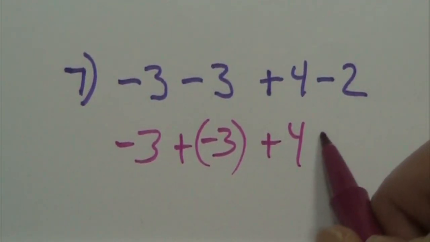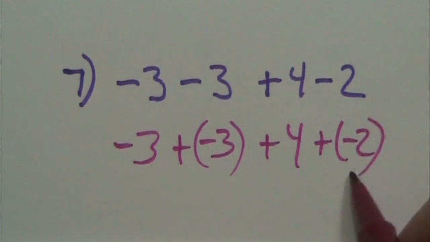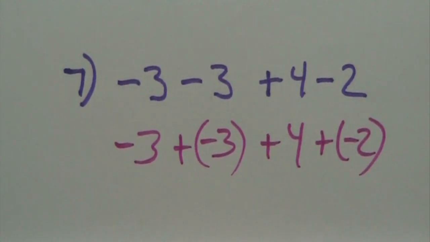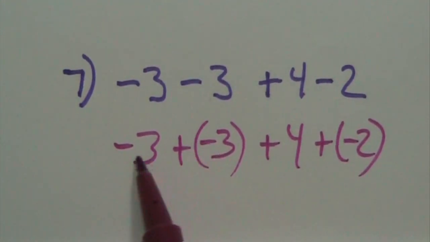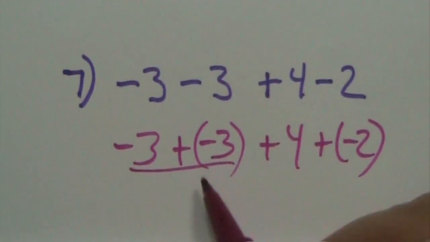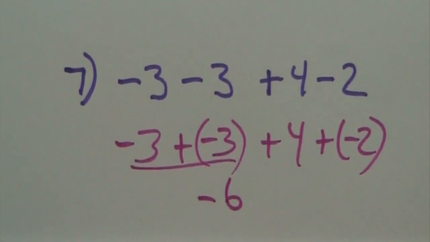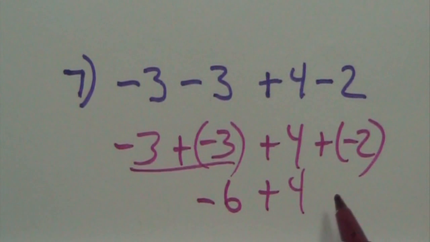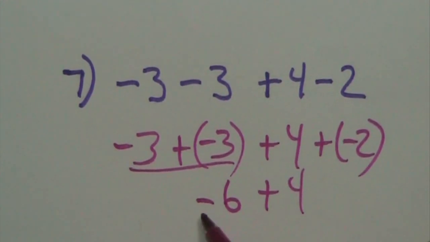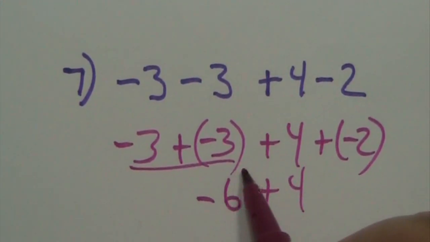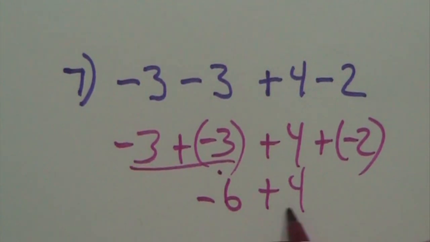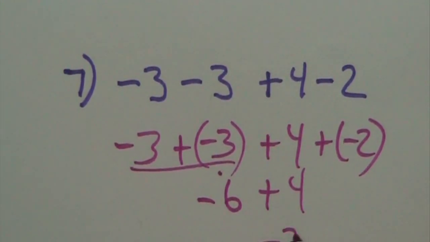And minus 2 is the same thing as adding negative 2. Well, these two together make negative 6. So negative 6 plus 4, that would make negative 2.